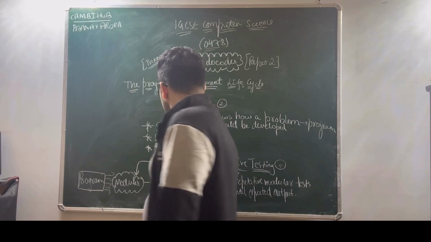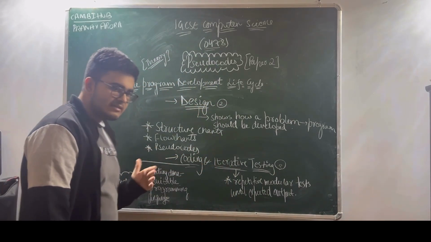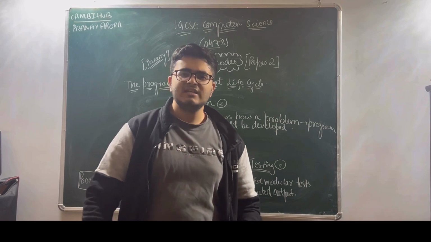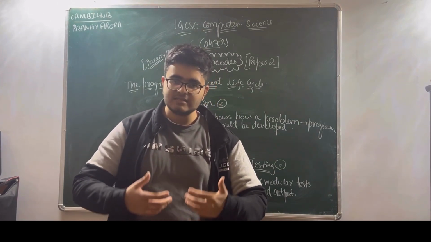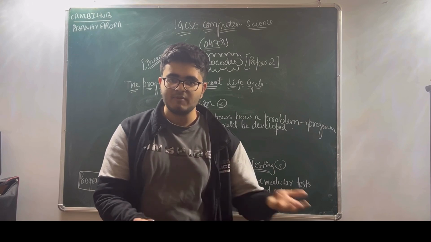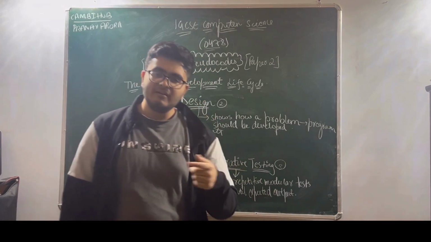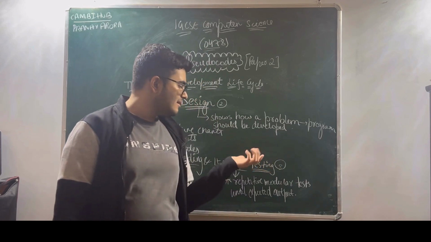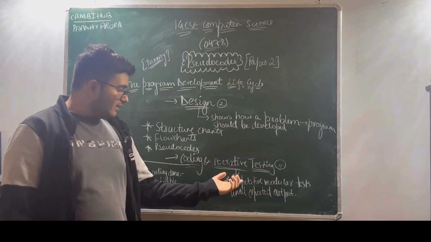When we talk about iterative testing, once we create these modules, it's necessary to test these modules to see if they work as expected. Whatever output we want is what we should get from those modules. To check that, we do iterative testing. Iterative means repeating, looping. So repetitive modular tests.